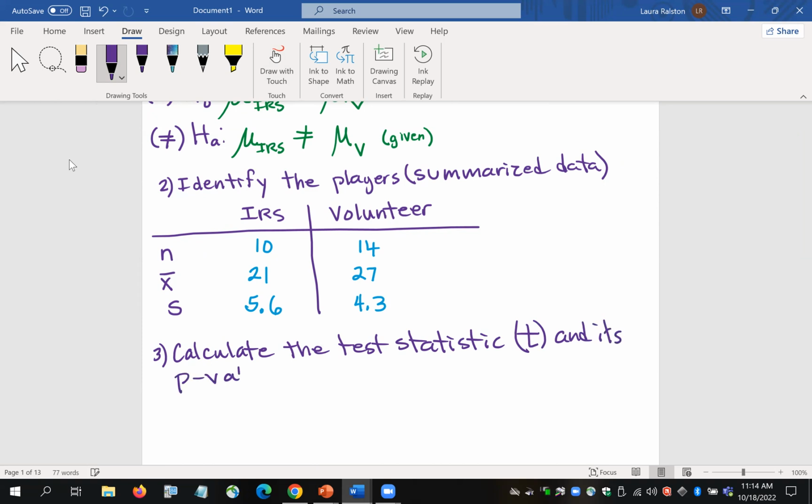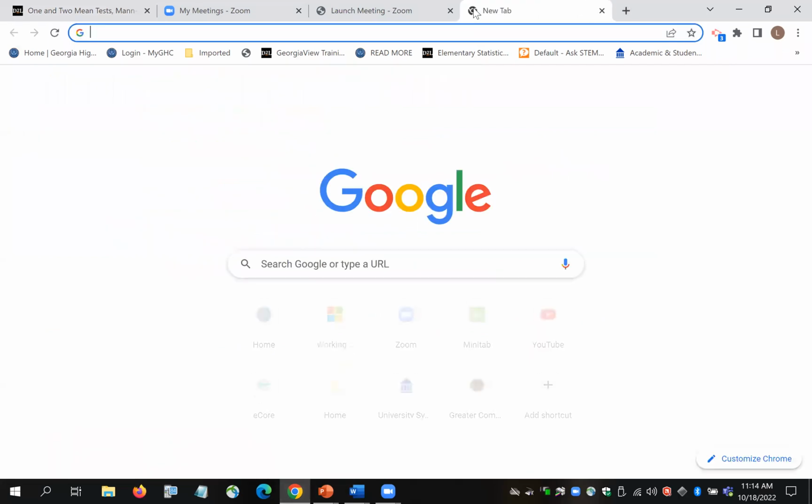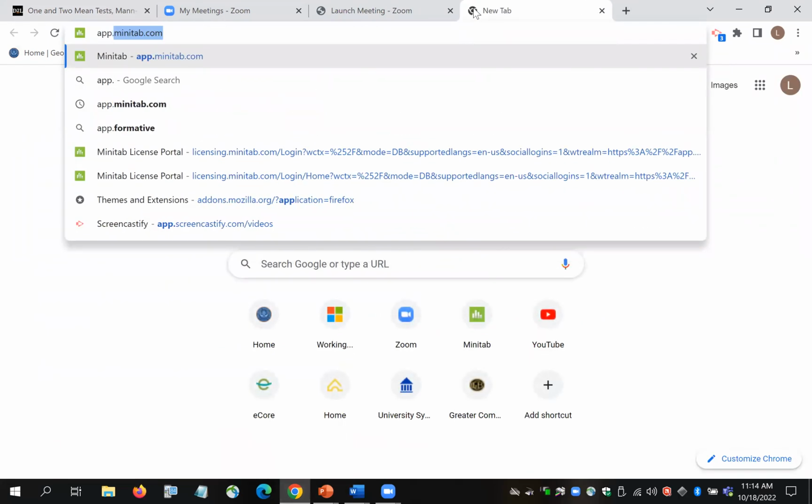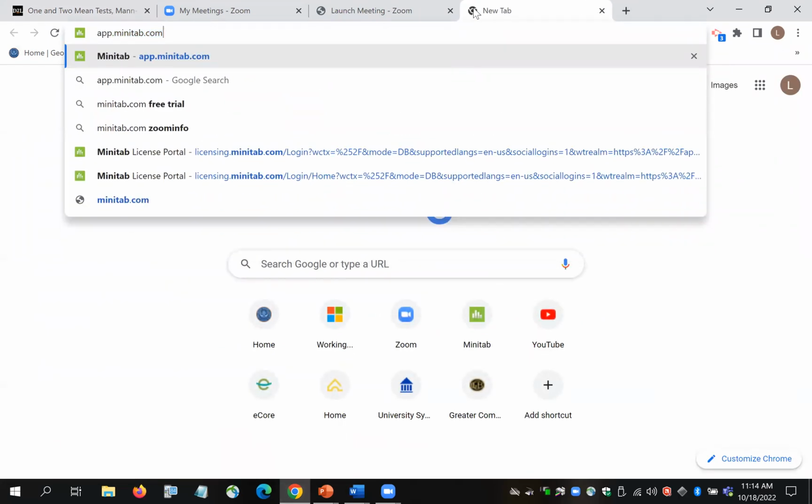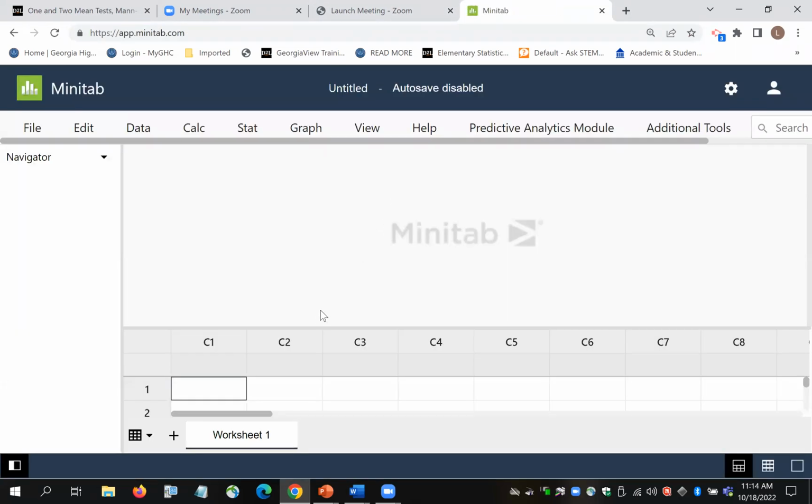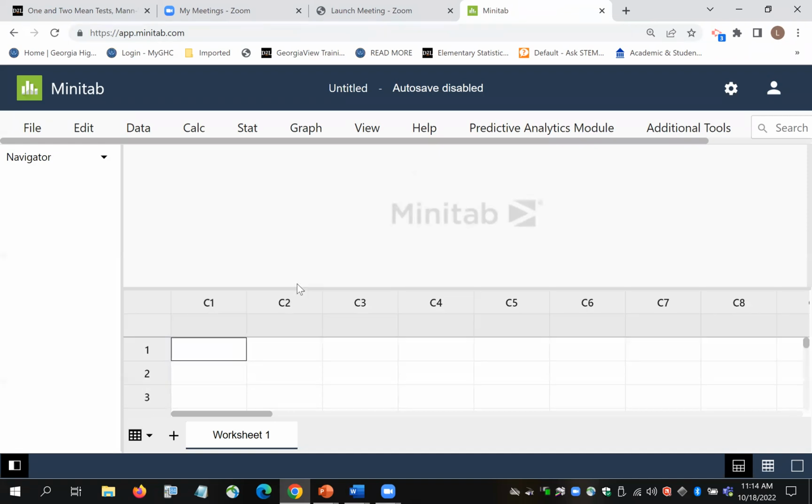And remember, we do that in Minitab. So I'm going over to Minitab, which I have not pulled up yet this morning. Okay, so Minitab is up.